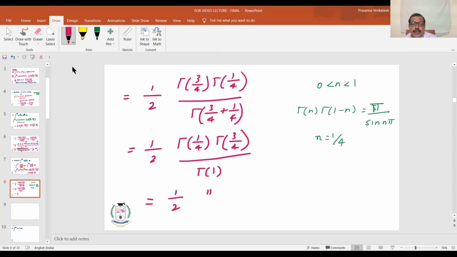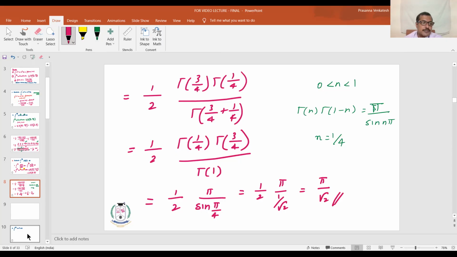So it is pi divided by sine pi by 4, which is equal to 1 by 2 pi divided by 1 by root 2. These two will get cancelled. You will get pi by root 2 as the answer. So again, the answer is not so important. What is important is the method to solve it.